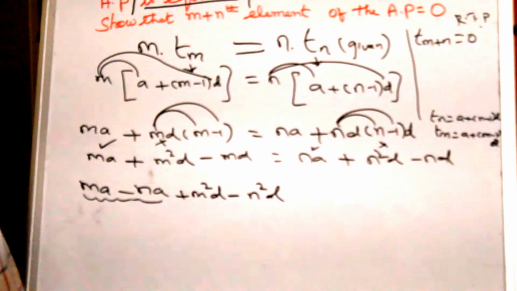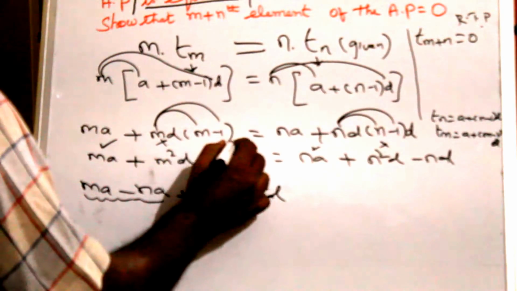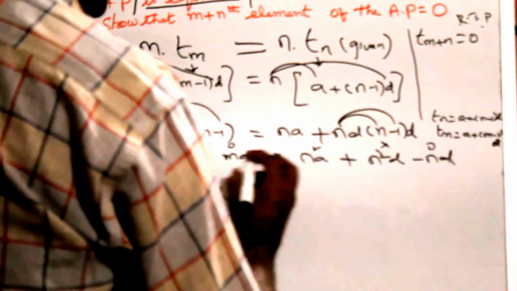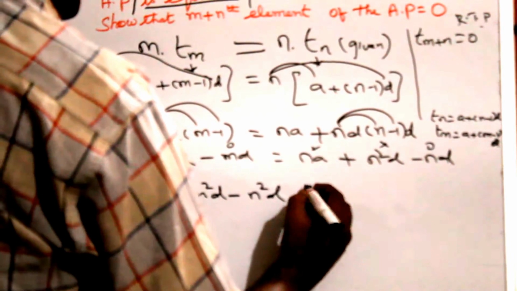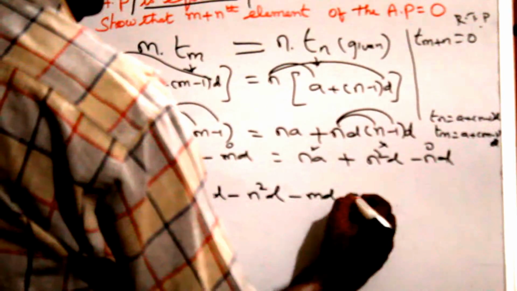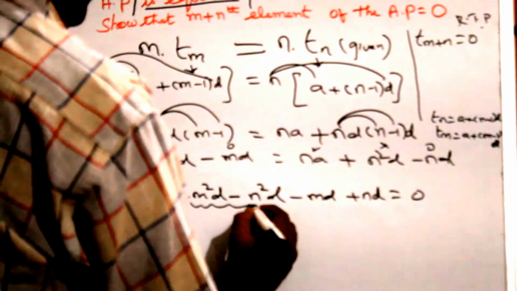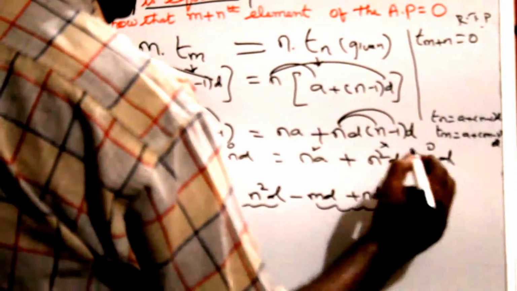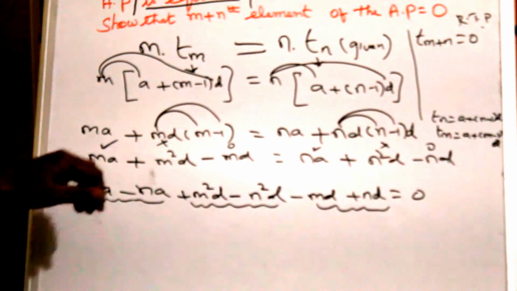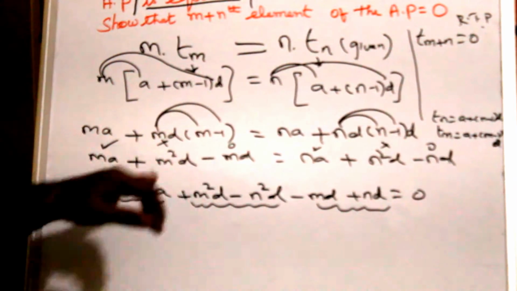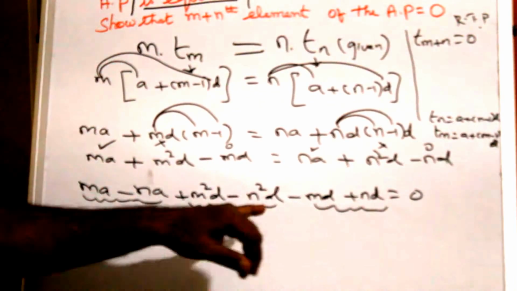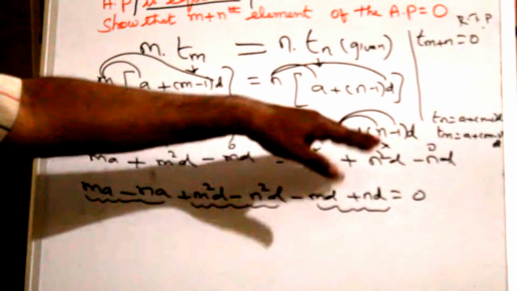Last one is group these two terms, you get minus md plus nd equal to 0. So bring all one side. While bringing ma and na, you just group it. M square d and n square d, you group it, md, and when it comes this side, it will change the sign.